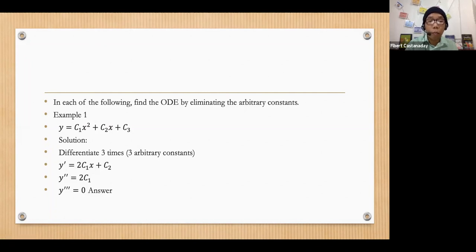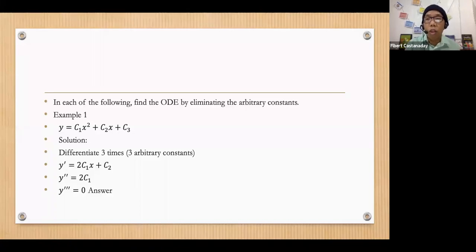Okay? This is the case where you need not do algebra anymore, since you were able to eliminate the arbitrary constants by just differentiating. But take note that the number of times you are to differentiate the equation depends on the number of arbitrary constants.